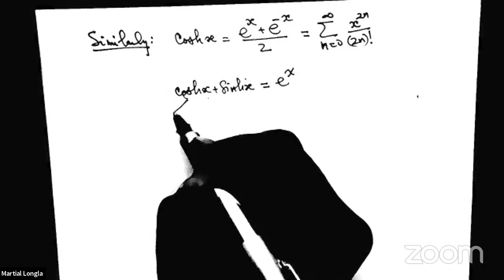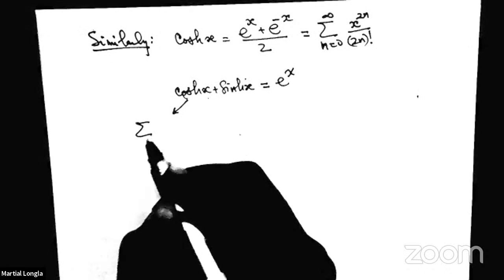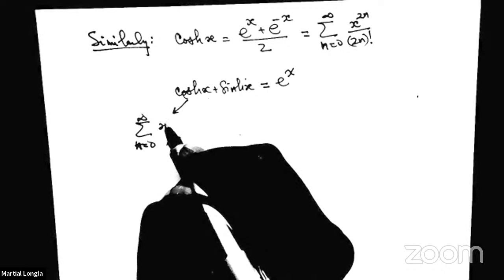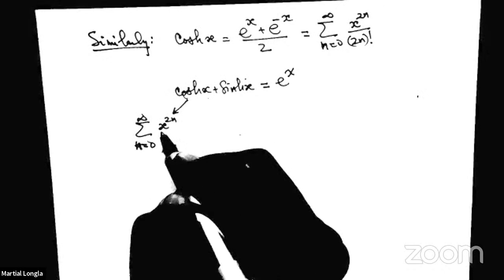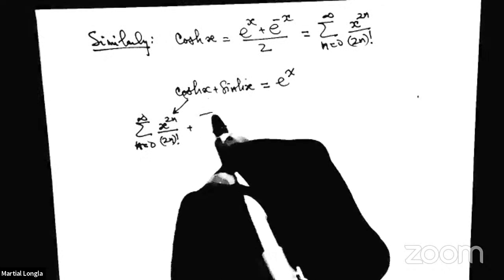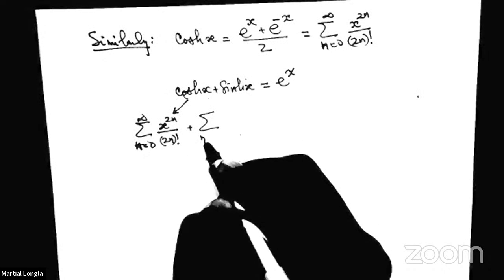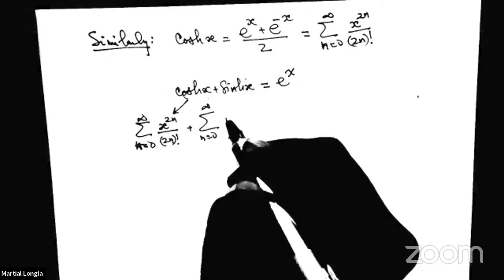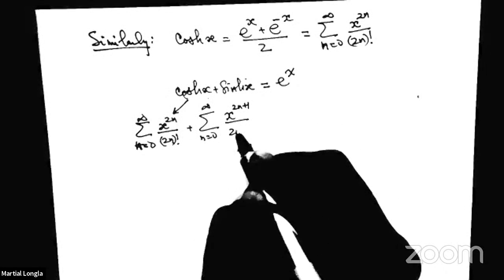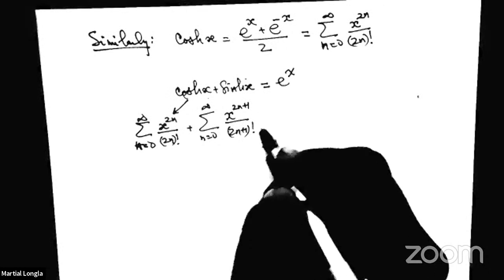Here, this is the sum n from 0 to infinity of x to the 2n over 2n factorial, plus the sum n from 0 to infinity of x to the 2n plus 1 over 2n plus 1 factorial.